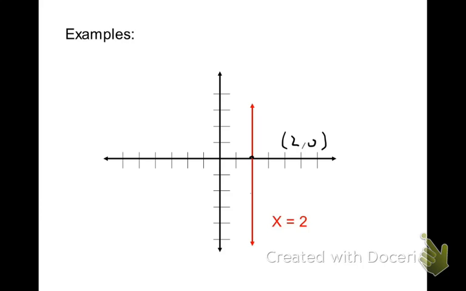So there it is right there. And I'm going to go up above here, up to the point 2 for x and 3 for y. So you'll notice it doesn't matter, the y values are any number, but the x value is always going to remain the same for a vertical line.